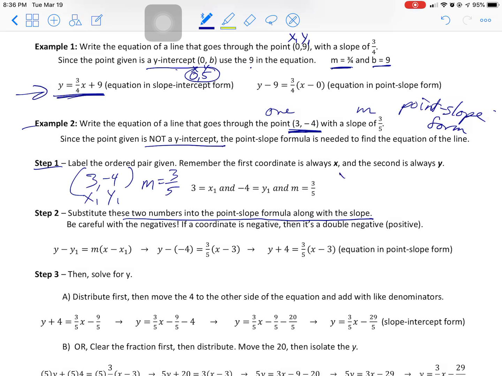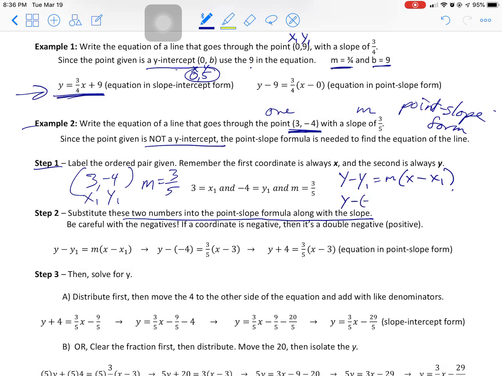So the point-slope formula, if you need to write it down, write it down: y minus y1 equals m times x minus x1. The ones are after. I kind of imagined those were 2's, but that 2 in the point-slope is not there anymore, okay? But the ones are last. All right, so let's put our numbers in. So y minus y1, which is -4.